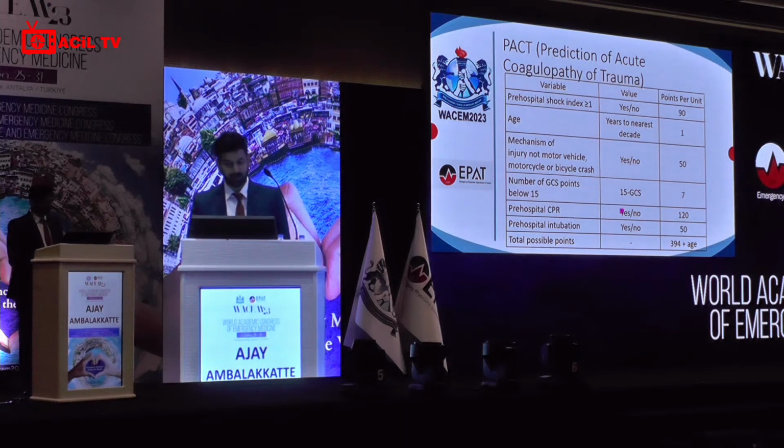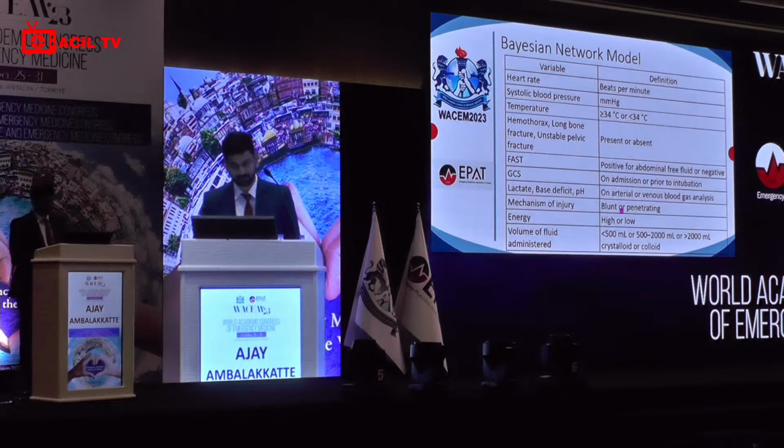It had multiple variables: shock index, age, mechanism of injury, motor vehicle, motorcycle or bicycle crash, number of points below 50, CPR, hospital intubation, etc. The total points were around 394, and any score of more than 196 was considered to be a predictor for acute coagulopathy of trauma. Having said that, it has a specificity of 72% and a sensitivity of 73%.